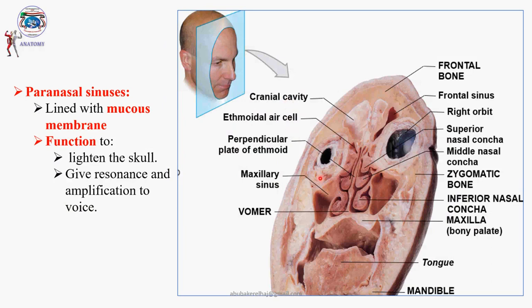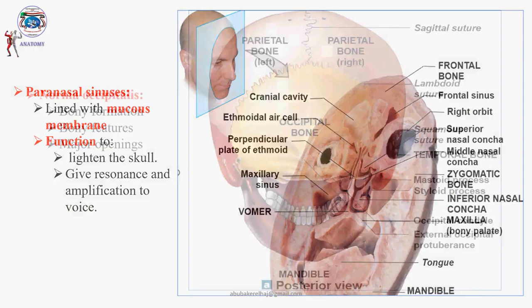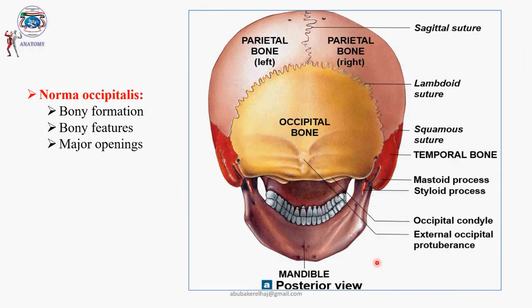Also, most of these paranasal sinuses have the same lining epithelium as the respiratory system, and they are responsible for lightening the weight of the skull, and also give resonance and a specific voice tone. This is from the anterior view, and the major openings which lie in the anterior view.